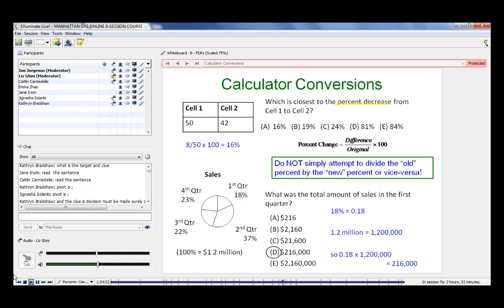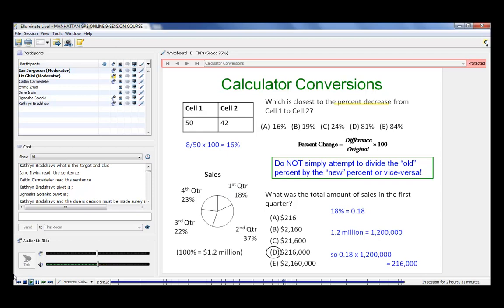Or you could have just taken 10% of 1.2 million, which is about 120,000, and just doubled it for 20%. So this is one where calculator or hand math would be about equally quick, depending on how clever you are with hand math.